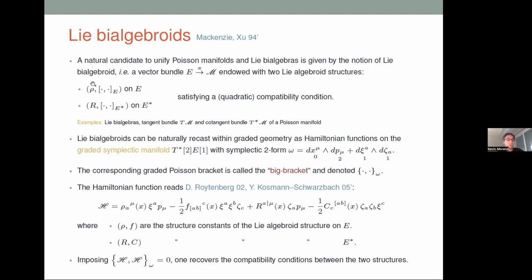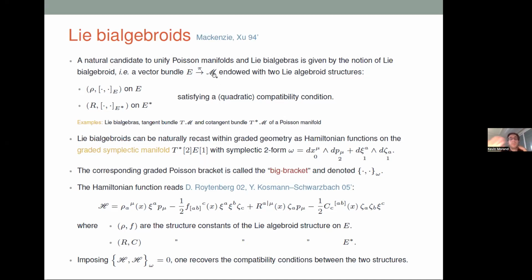We have one Lie algebraic structure living on E with anchor rho and Lie bracket given like this. And we also have a dual Lie algebraic structure on E star with anchor R. These two Lie algebraic structures are compatible in certain ways. They satisfy some quadratic compatibility condition.